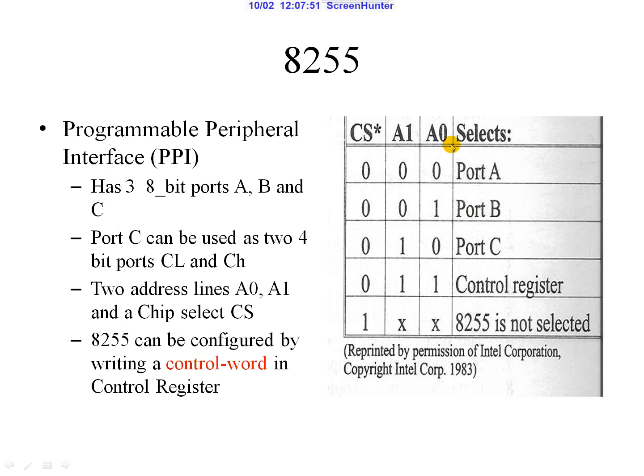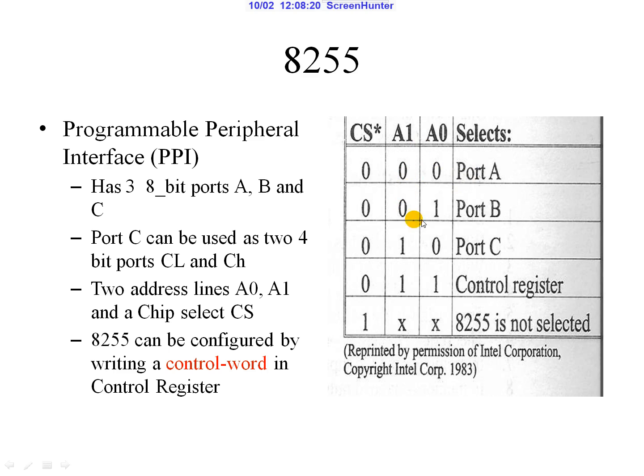The 8255 can access these 3 ports by choosing the appropriate values for A0 and A1. The chip select must be selected to enable the ports. If you want to enable the ports, you first give the chip select pin as 0, and appropriately select the values of A0 and A1.